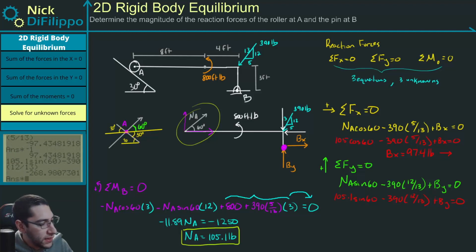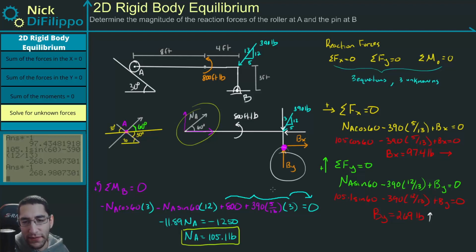Move it to the other side of the equation, and we get by is going to be equal to 269 pounds. So those are our answers, and we're correct.